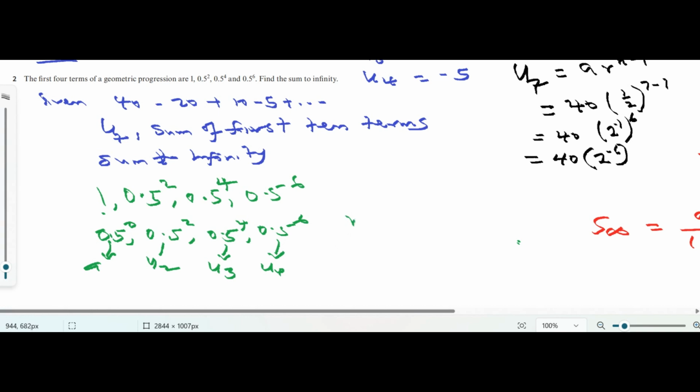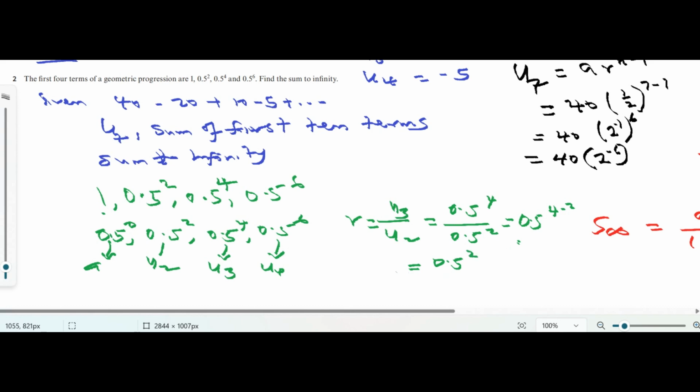Let me first quickly calculate my common ratio. When I use U3 over U2, that gives me 0.5 raised to power 4 over 0.5 raised to power 2. I can simplify this, pick the common base, and 4 minus 2 gives me the common ratio: 0.5 raised to power 2.